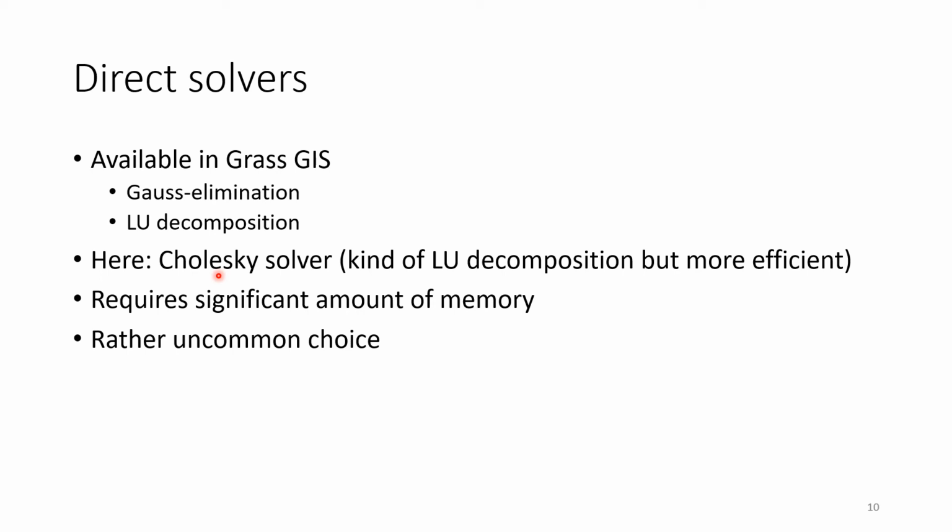Iterative solvers can operate on what is called a sparse matrix, where the matrix mostly consists of zeros and you just have a few values written somewhere in it. Direct solvers cannot work on sparse matrices. They work on the full matrix, so the full matrix needs to be stored in memory, and this requires a substantial amount of RAM. As you know from previous lectures, that is a critical hardware limiting factor for numerical simulations anyway.